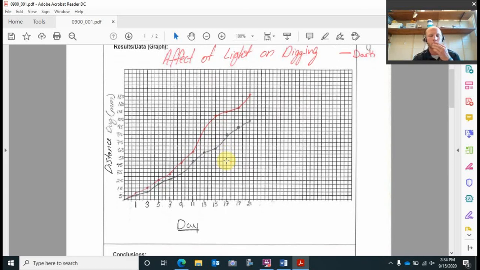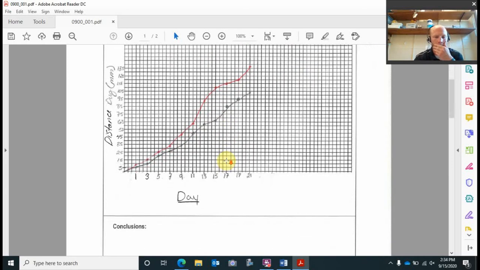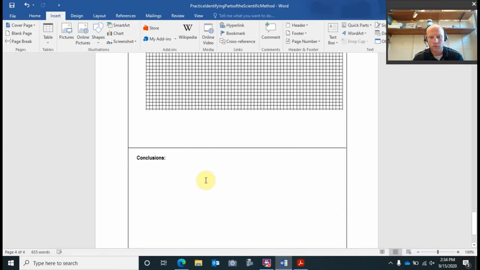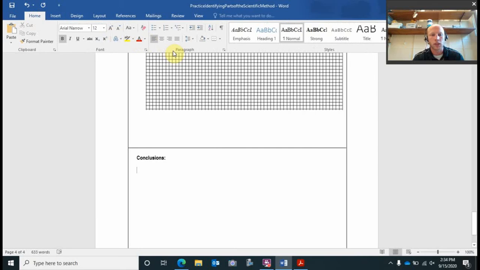So anyways, here in our conclusion, we'll go ahead and talk about my hypothesis. Let's see here. Go back to home here. Write in red so you guys can see what I'm writing. My hypothesis was rejected.